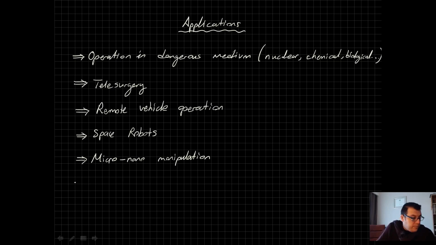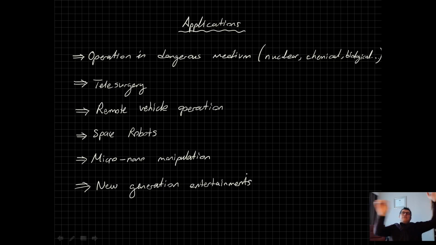And maybe I can write here some more fantastic output of teleoperation systems. This is new generation entertainments. Well, I was always claiming that, if you have a teleoperation system, one day it might be possible to play tennis in a virtual environment with someone in another country.